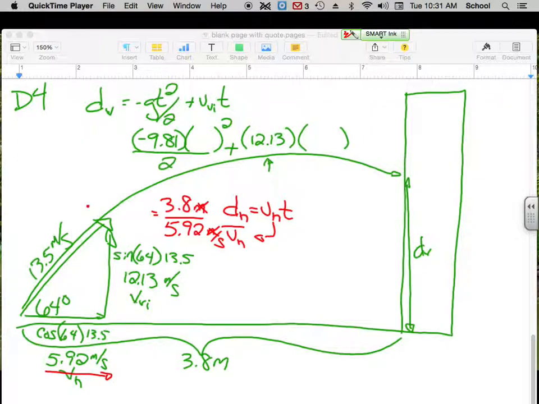So apparently it took 0.642 seconds to get over to the wall. So this is the time that we were missing there.